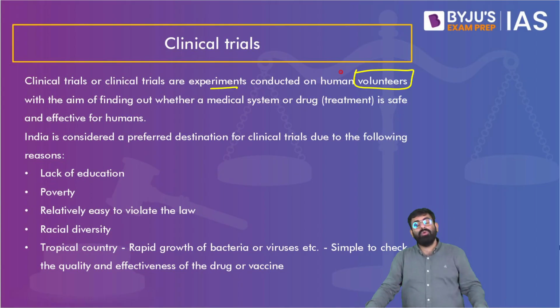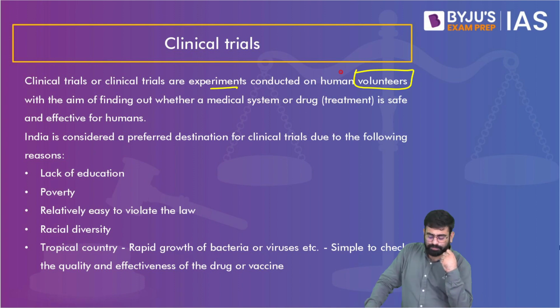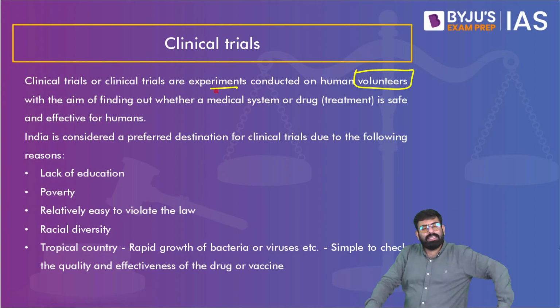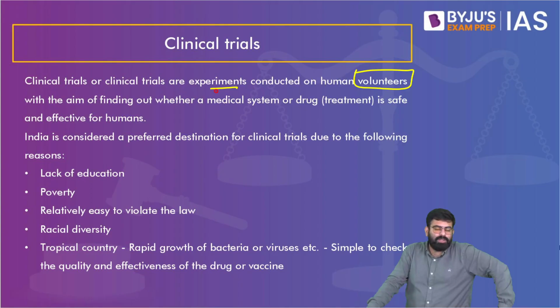And also, the effect of a drug is ultimately also a factor of your human physiology, your genetic makeup, right? The same medicine would not impact everyone equally or in a similar manner. There can be differences. So people are not aware of all this, and they agree to these clinical trials.